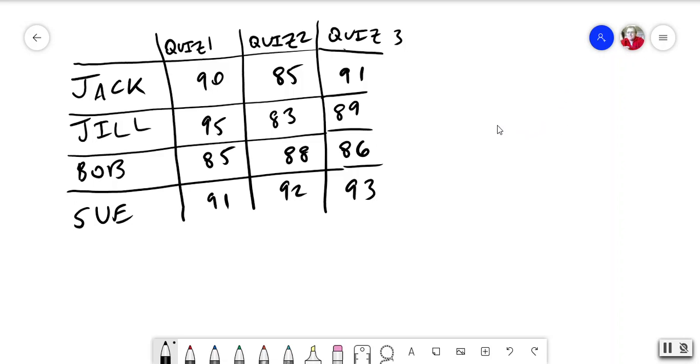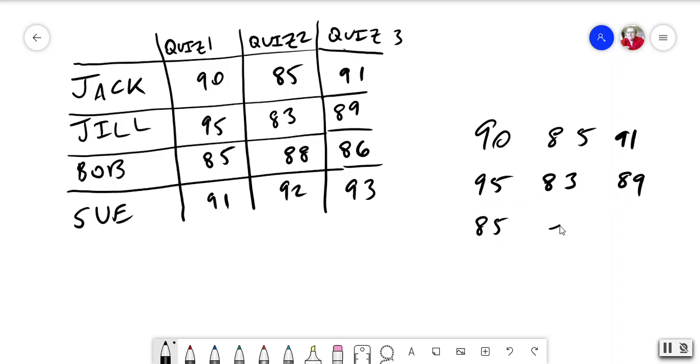So a matrix, you might just have the grades alone. 90, 85, 91, 95, 83, 89, 85, 88, 86, 91, 92, 93.